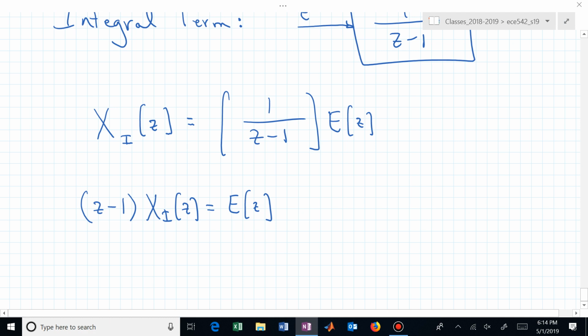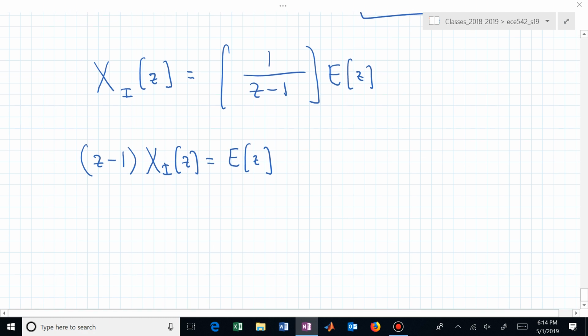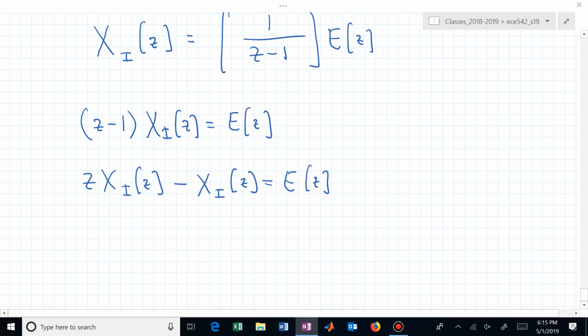Let me distribute x sub I, and we should be able to take that into the time domain. What's z times x sub I in the time domain? That's now just advancing the time variable of little x sub I by 1.